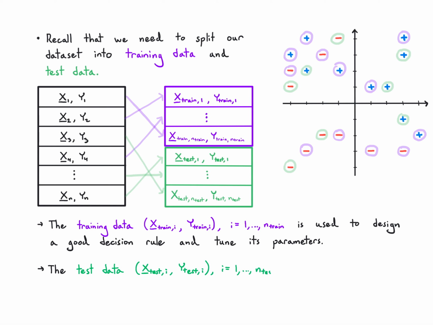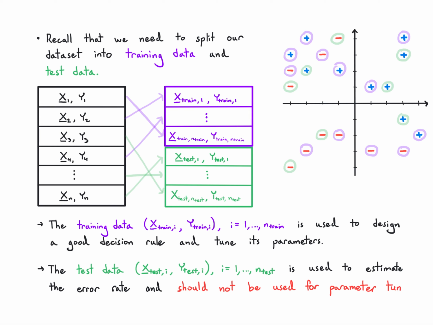In contrast, my test data, this is written as x test and y test, that is held out. And the reason I'm holding that out is I'm only trying to estimate the real world performance in terms of the error rate of this decision rule. I cannot use this to tune any parameters. And the reason for that is then I might end up making an erroneous estimate of the underlying error rate, because if I tune the parameters using the test data, I'm kind of cheating and using some of the specific features of those test examples to pick my parameters, and that might make my performance better than I actually will have when I'm seeing completely new examples.